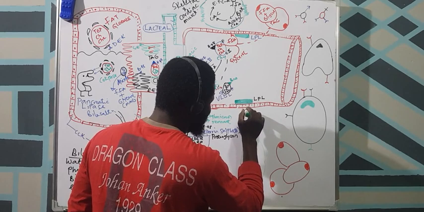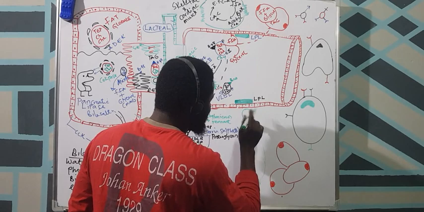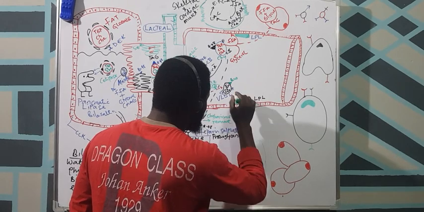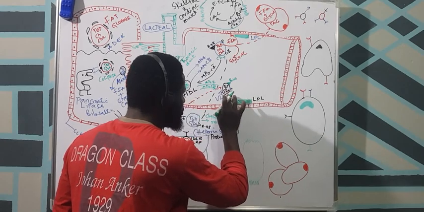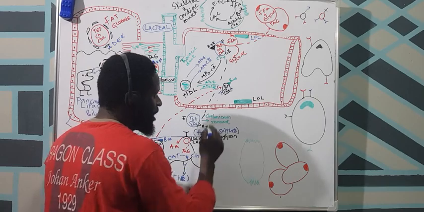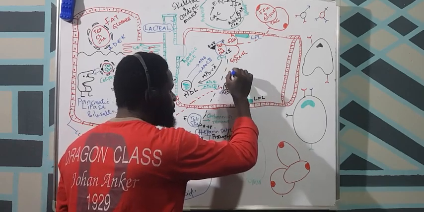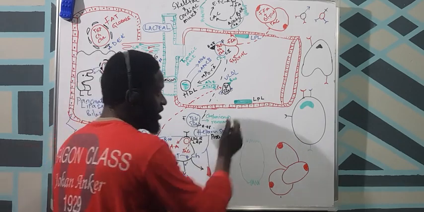When it breaks this down, I have some free fatty acid. Let me do it this way. Mind you, excuse me, this is called my VLDL, so that I can have space to connect the C2 to my lipoprotein lipase.